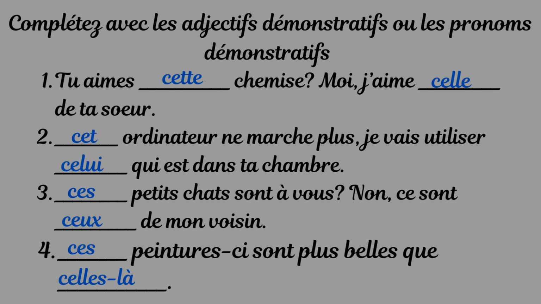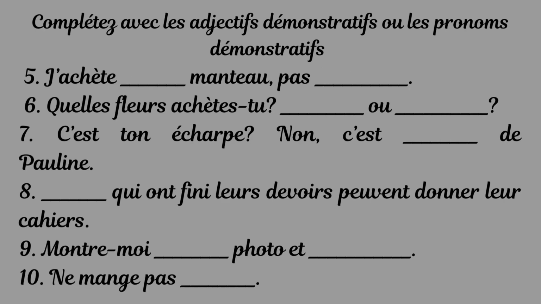Next one, j'achète dash manteau pas dash. Now here manteau is a noun and it is masculine, so we'll be using adjectif démonstratif ce. J'achète ce manteau. I'm buying this coat, not that one. Here, because after the blank we don't have any noun or relative pronoun, we can use celui-là.